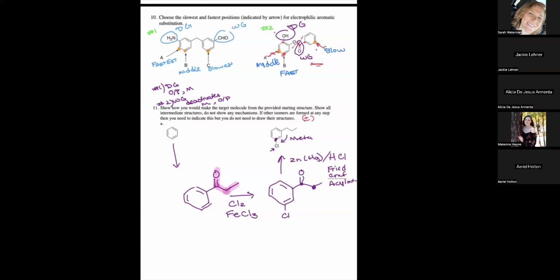Yeah, so we had to have added some sort of group. I'm just going to draw this part first, right? But how do we add this to this? What's a useful reaction to get that on there?